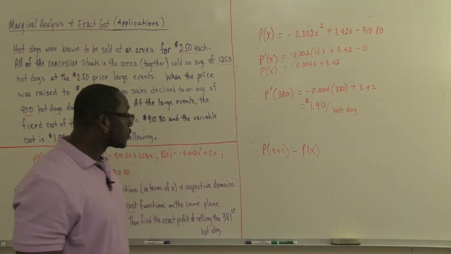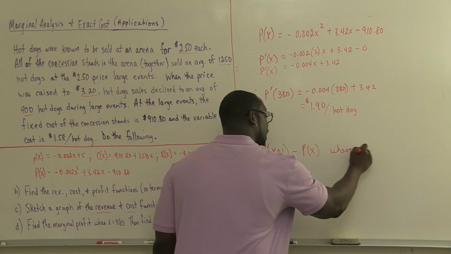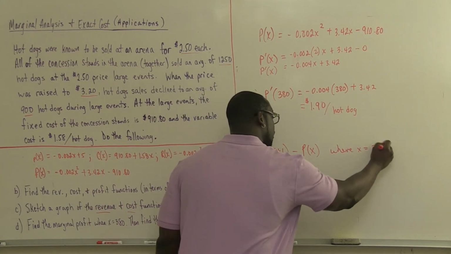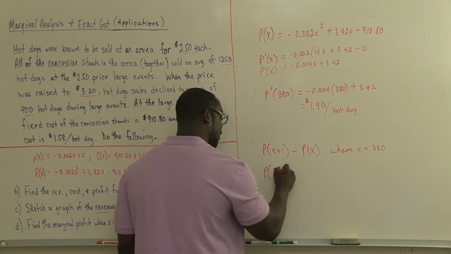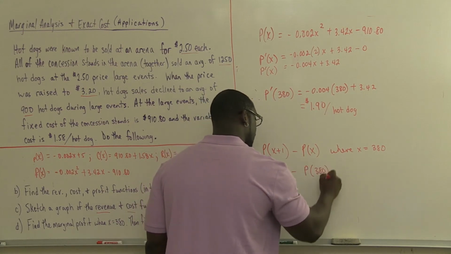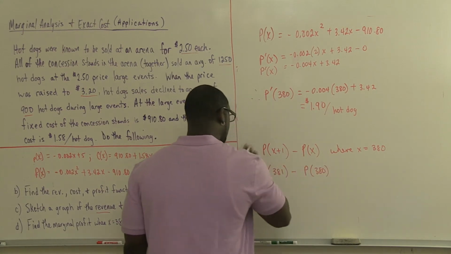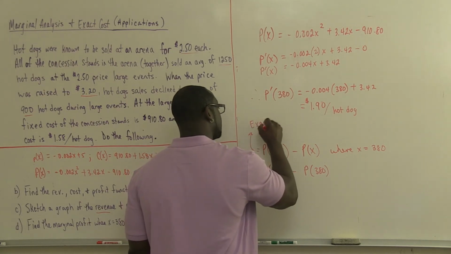Okay. And so here, if we let X be 380, then we just need to find the profit of 381 minus the profit of 380. And this would be the exact profit.